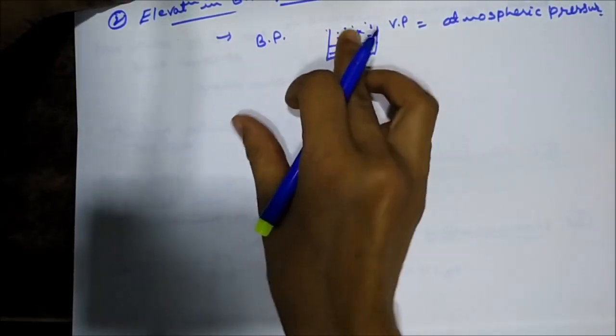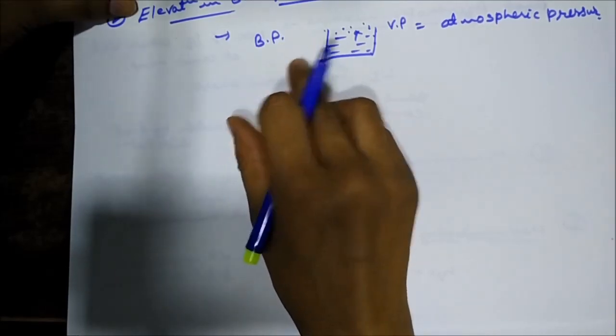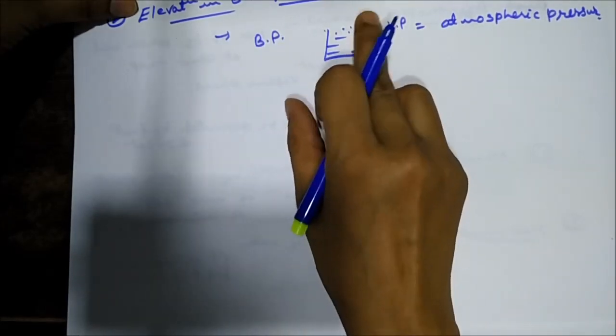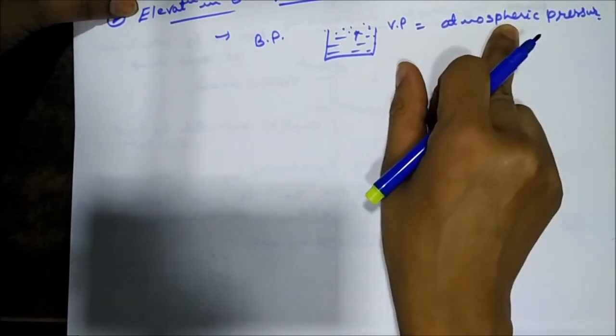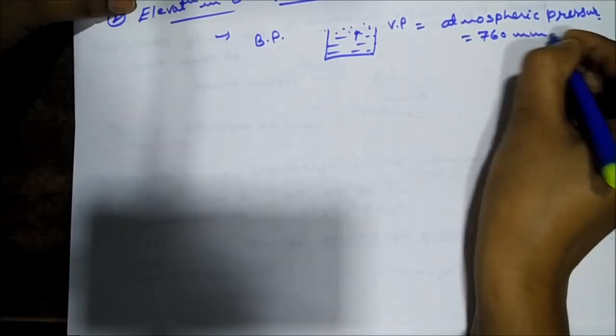So boiling point of a liquid is the temperature at which its vapor pressure becomes equal to the atmospheric pressure, that is 760 mm.